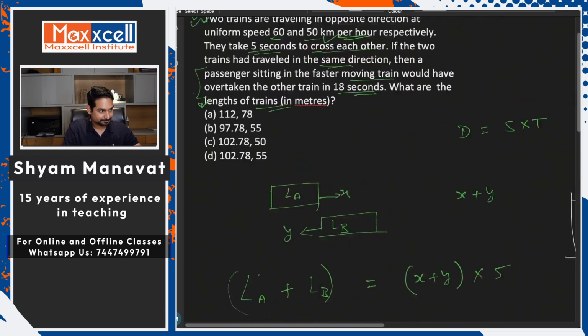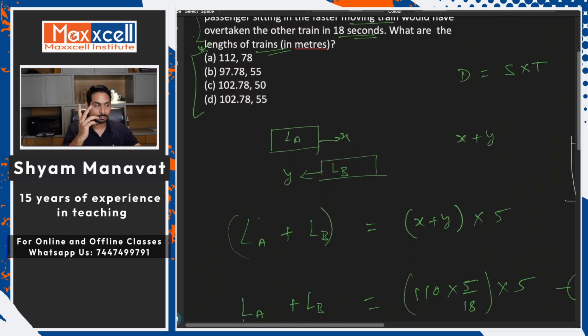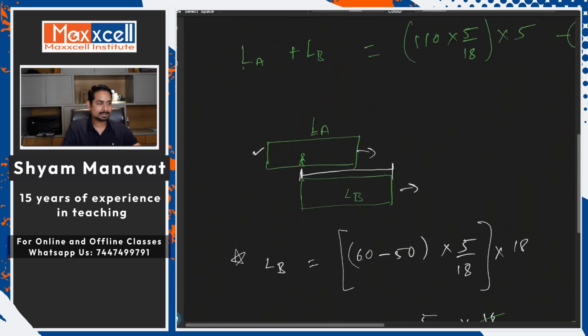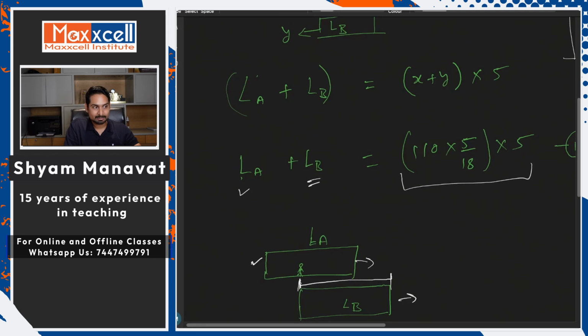Now look at the options I have given you. You have two ways to go forward. You can substitute the length of train B into this equation, simplify the calculation and get the length of train A. But understand, this cannot be simplified, as the numerator is not divisible by 18, so you will get a decimal value.